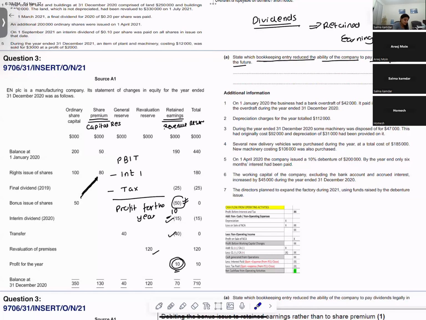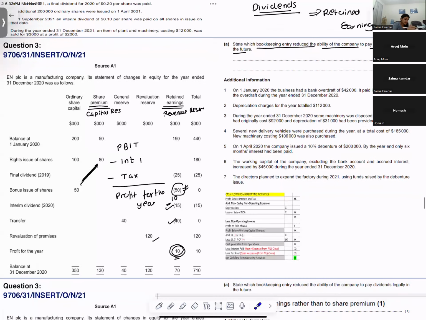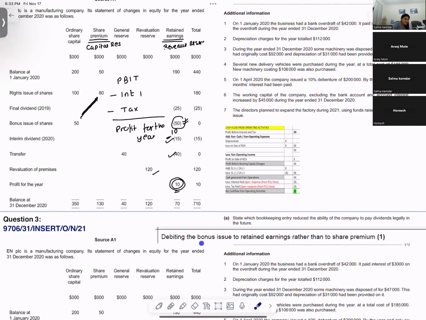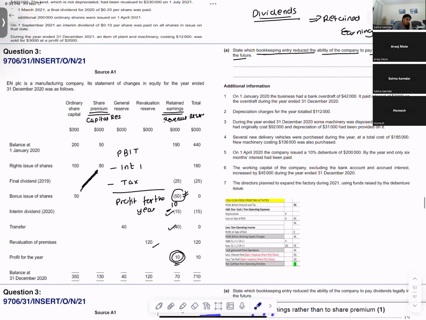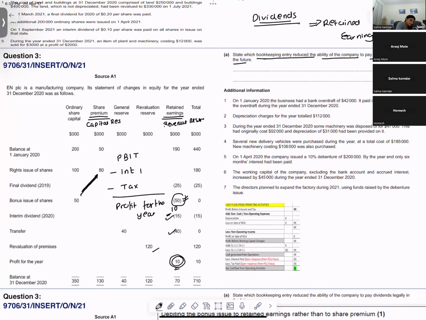The fact that they're paying bonus shares from retained earnings. So what is the bookkeeping entry? They have debited retained earnings.